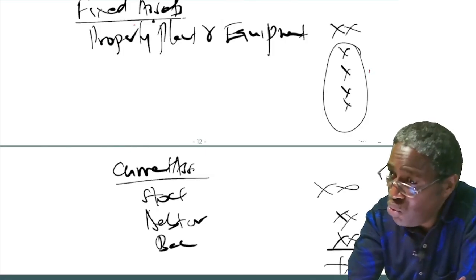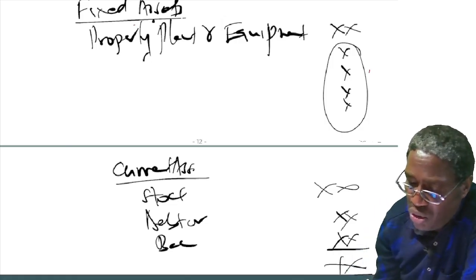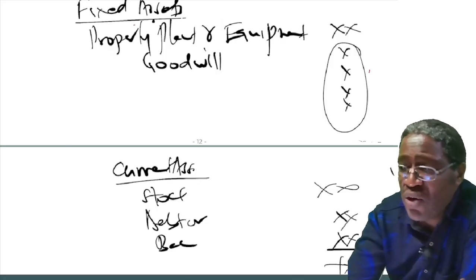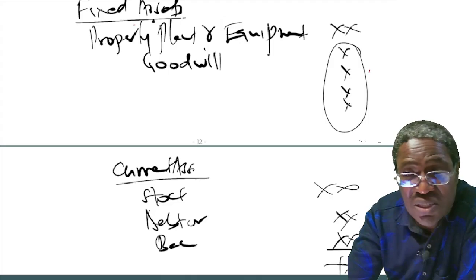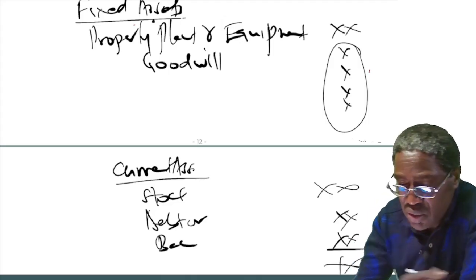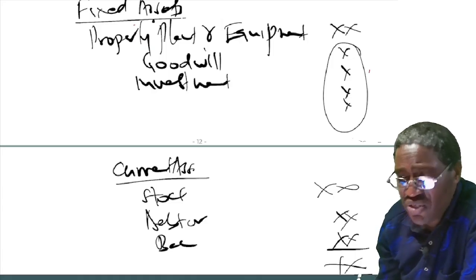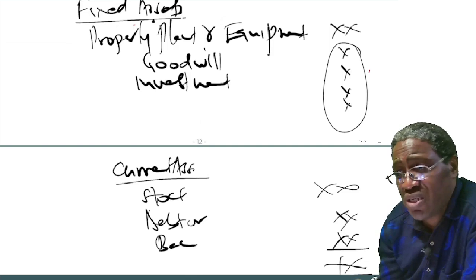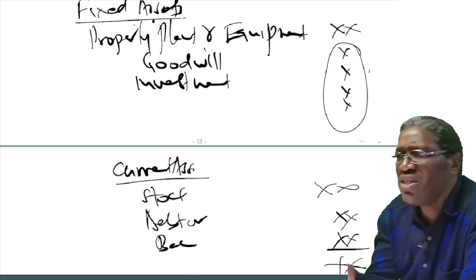I've already given you an example of one of them, and that is an asset called goodwill. You cannot classify goodwill as part of property, plant, and equipment. The other one, for example, is investments. When you have an investment in the form of shares or debentures of another company, or bonds, that's an intangible asset.